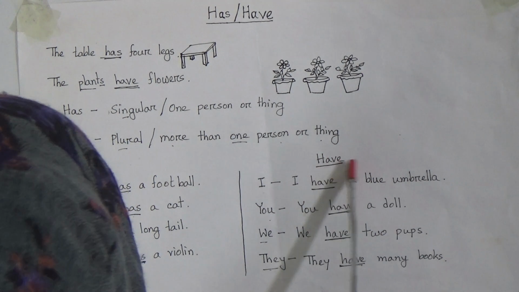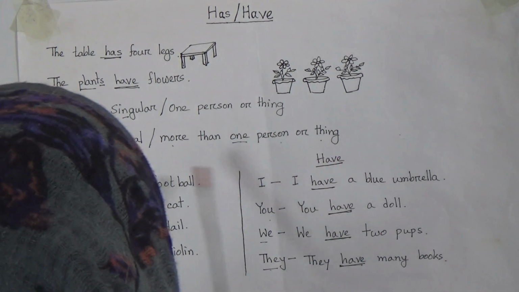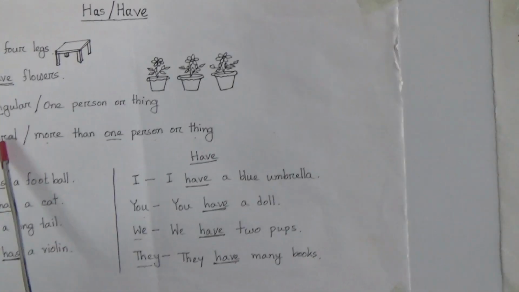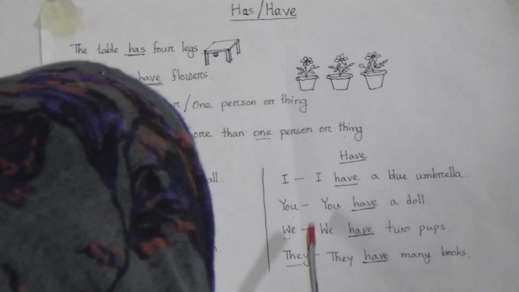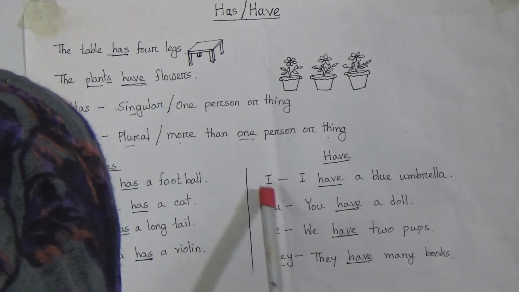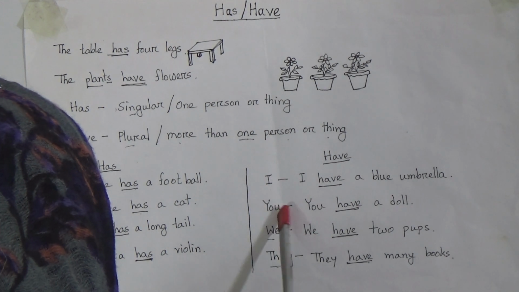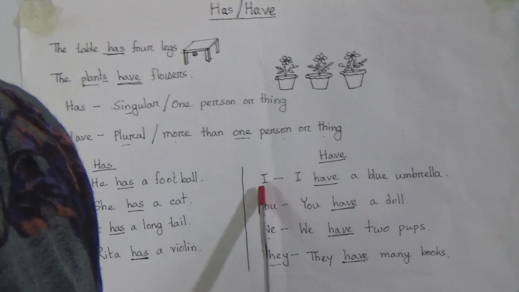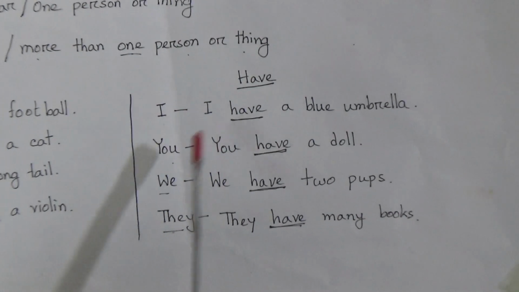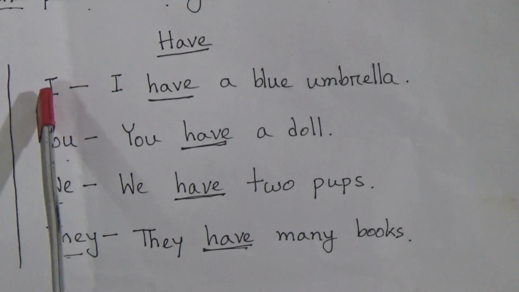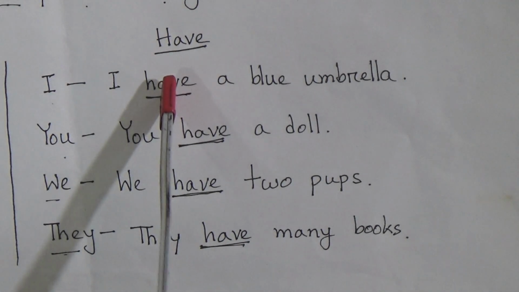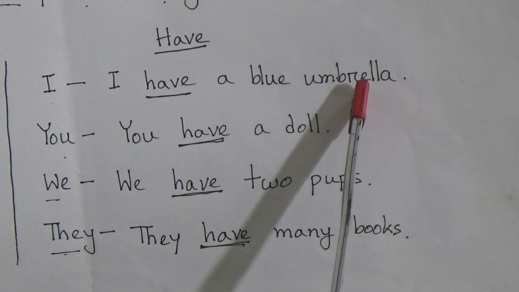Then have. We use have with plural nouns or pronouns. But I is singular, and this is an exception with I and you. They are singular, but we will have to use have with them. After I, we will use have. I have a blue umbrella.